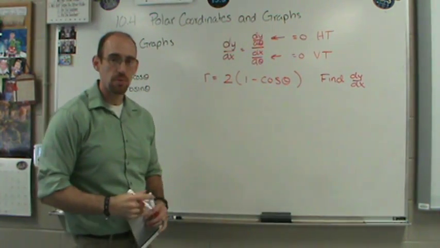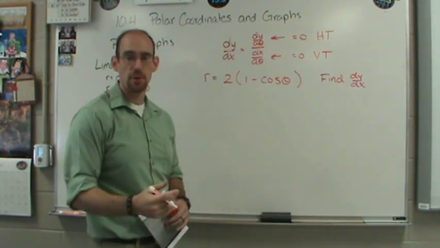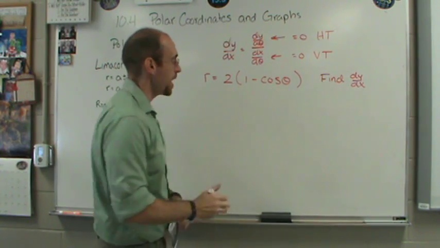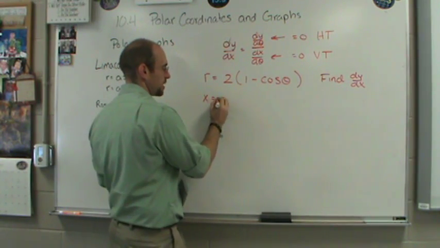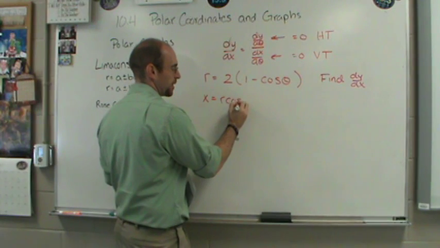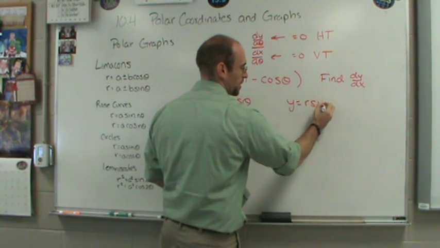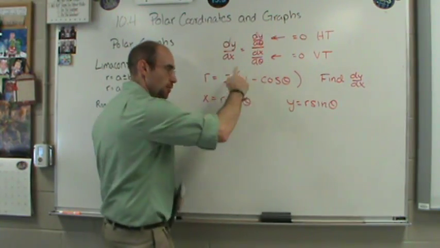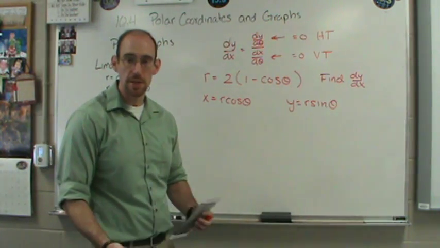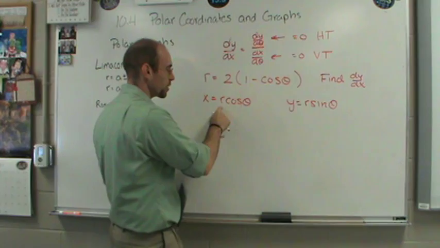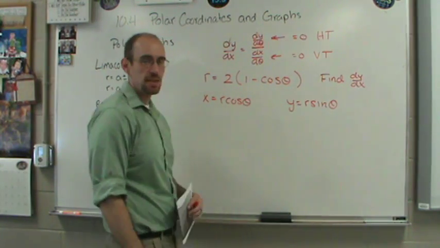Remember, we learned today how to convert from polar to rectangular. We learned that x equals r cosine of theta, and y equals r sine of theta. The equation they've given you in polar is r, so we're going to take that r value and put it into these two.